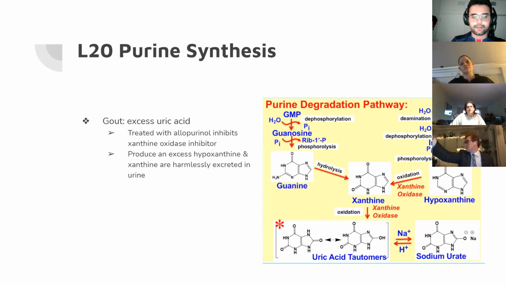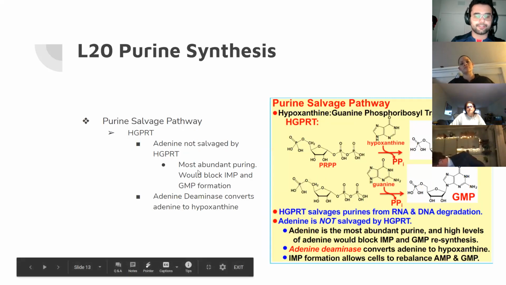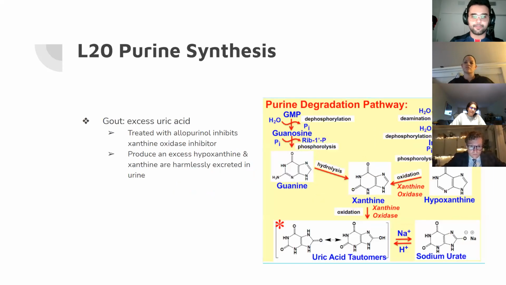So gout is a big important thing, and also knowing that the purine salvage pathway doesn't form AMP. That's a big idea, right? Because a lot of people will say it salvages AMP and GMP, but no, it's only GMP and IMP, which is also okay, because IMP is still a metabolic crossroads, so it can form AMP if we desperately need it.